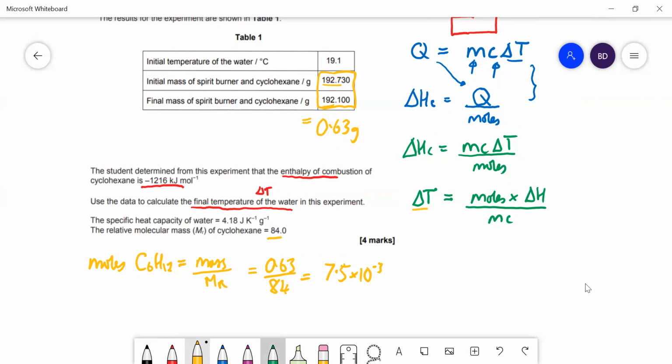So let's do that. Delta T, the number of moles, 7.5 times 10 to the minus 3, multiplied by delta H. Now, delta H is this. We're going to ignore the negative sign, so that's a heat release. So I'm going to convert that into joules, because our specific heat capacity is in joules, so we need to make sure those two sets of units are compatible.